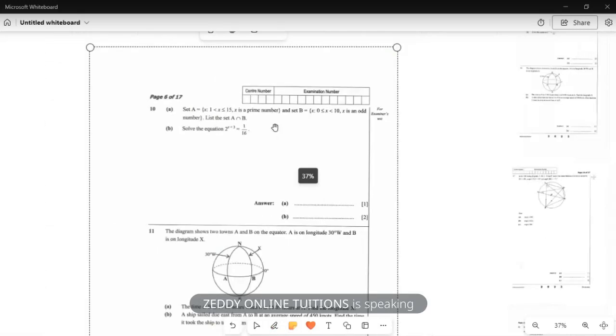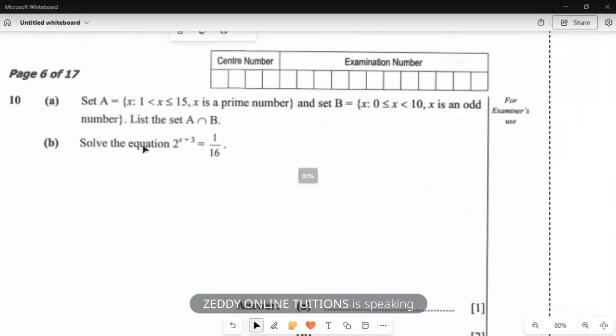Okay, so are you guys able to see? In set A, we've got this variable x, which we are told comprises the prime numbers between 1 and 15, and set B comprises the odd numbers between 0 and 10. So how do you tell?